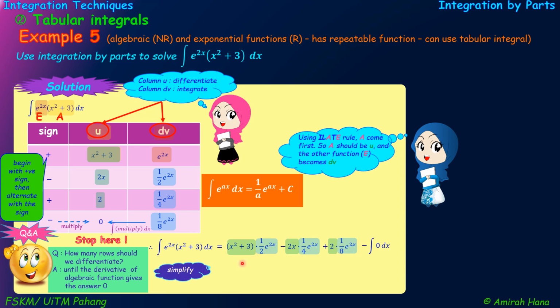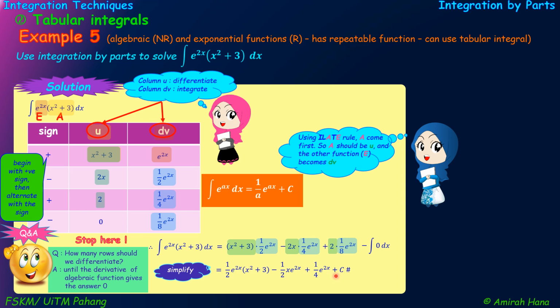And after that, we need to simplify. So we can put half in front and then e to the power of 2x times x squared plus 3, and then minus 2 and 4 here we can simplify, so we get half x e to the power of 2x and then plus, we can simplify 2 and denominator 8, so we have 1 over 4 e to the power of 2x. And when we integrate 0 the answer equals a constant.